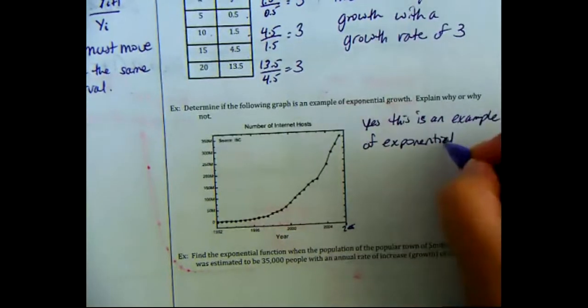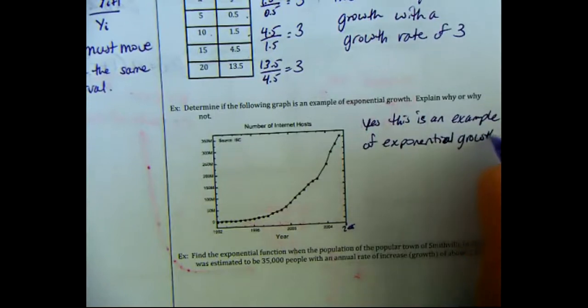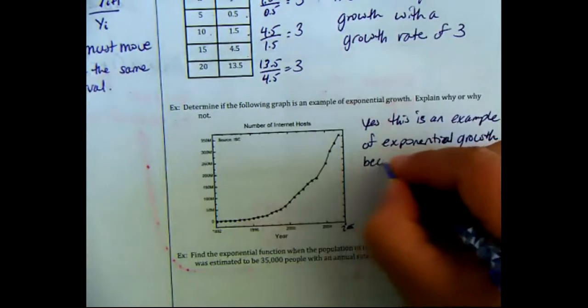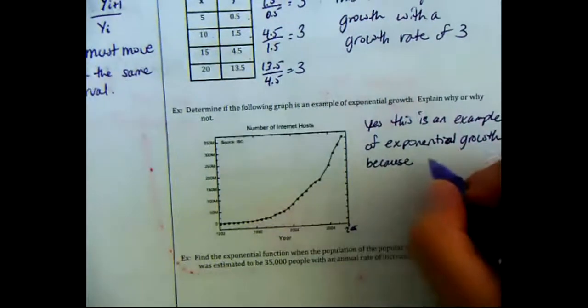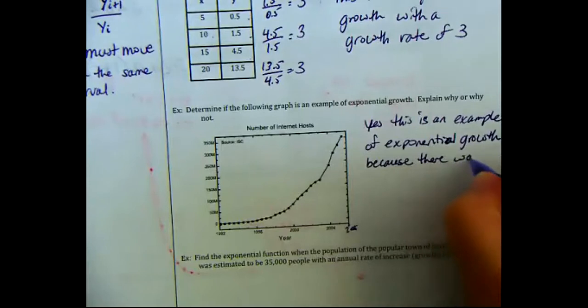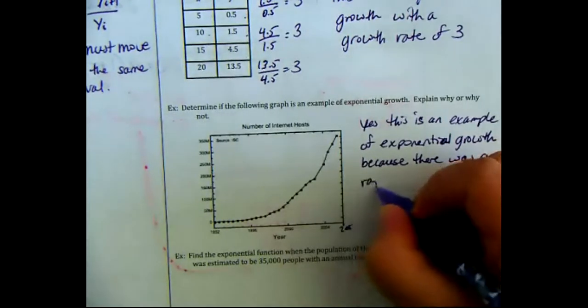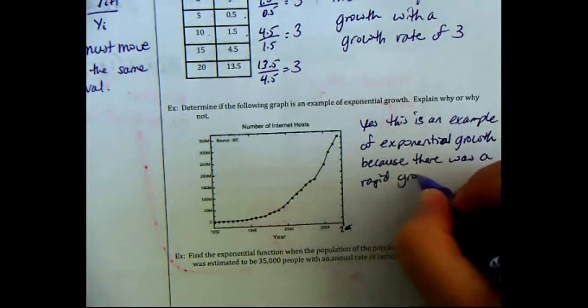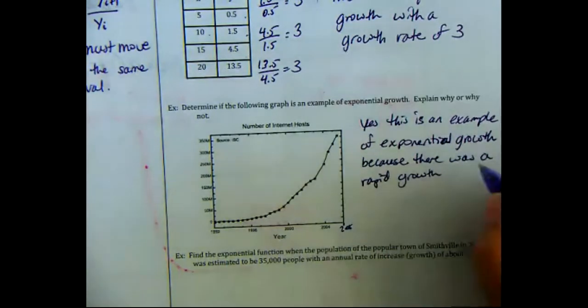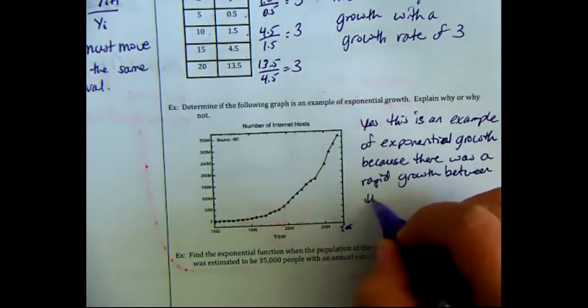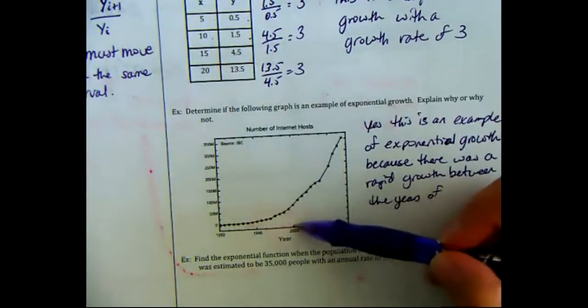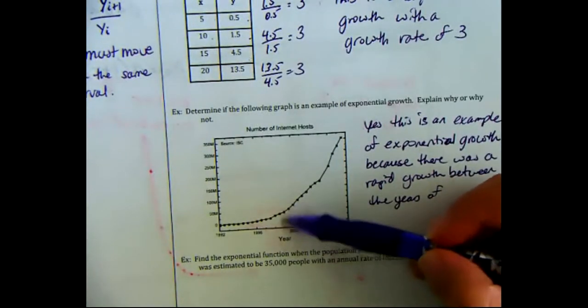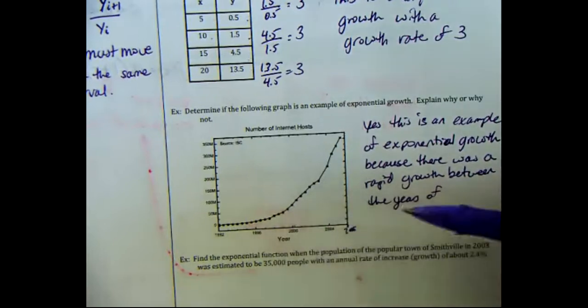And we do not forget that we need to explain why. Because, okay, there was a rapid growth between the years of, and you can say 2000, you can go a little bit earlier and say 98 or whatever it is.